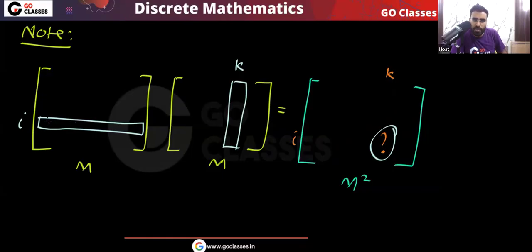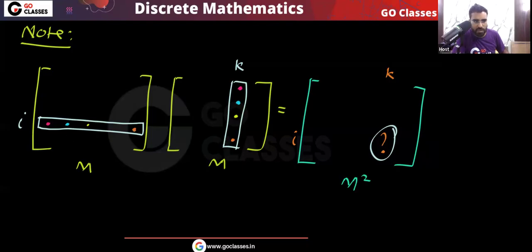Here also remember this i1 element will multiply with 1k, this i2 element will multiply with 2k, this i3 element will multiply with 3k. Correct?